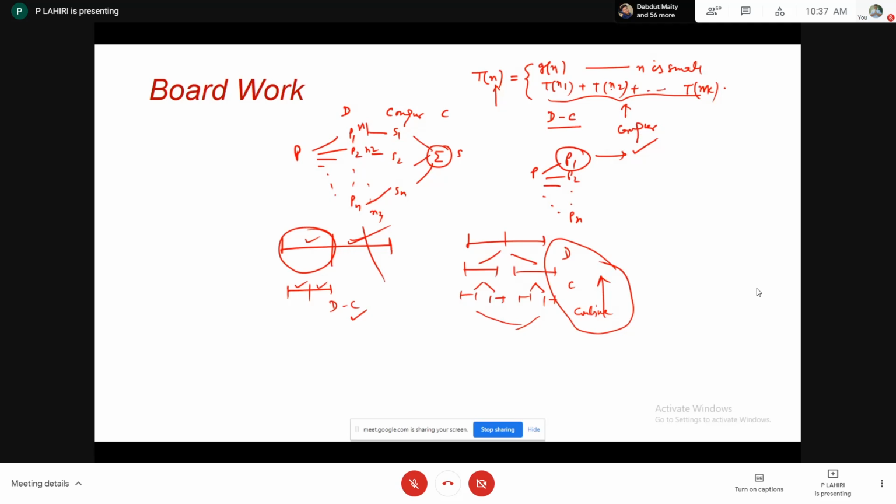Plus another time is associated, called divide time plus combine time. This part is very important. If you divide the problem into sub problems, the time associated to solve the sub problems is one part, called the conquer time, and divide time plus combine time is jointly represented.